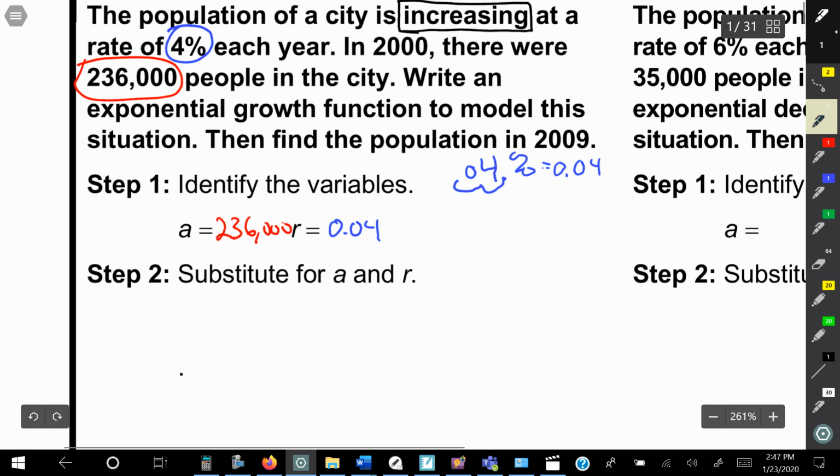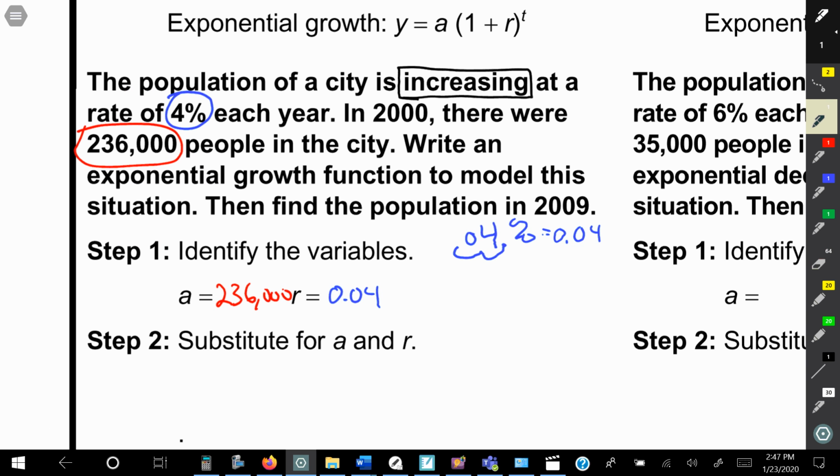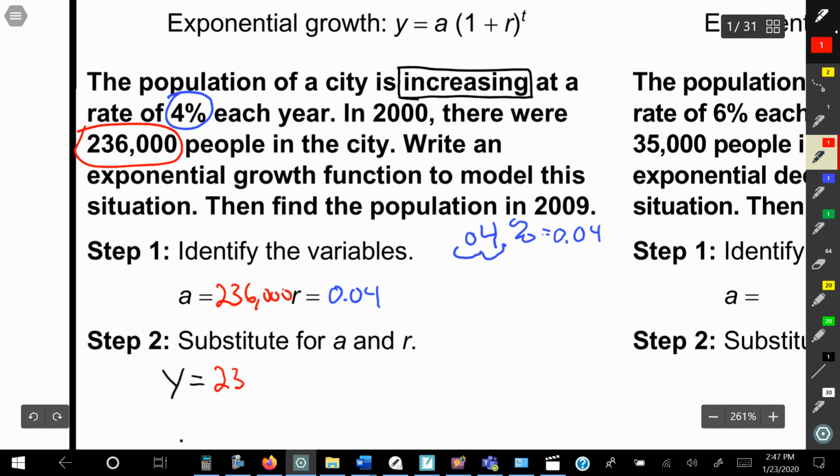So to do that, we'll just say, all right, y, I don't know what y is, that's my final answer. It's equal to A, which is 236,000 times 1 plus, all that's straight from the formula, 0.04, the rate, raised to the t.